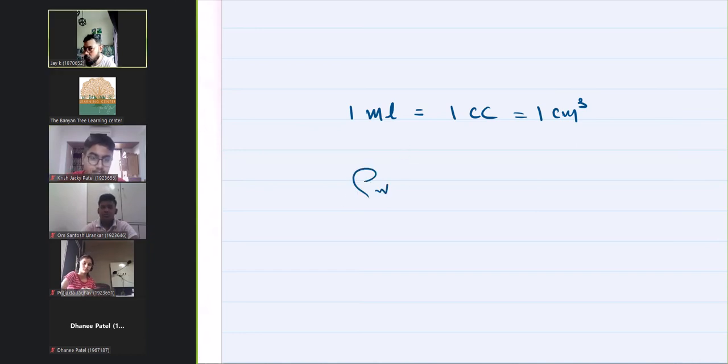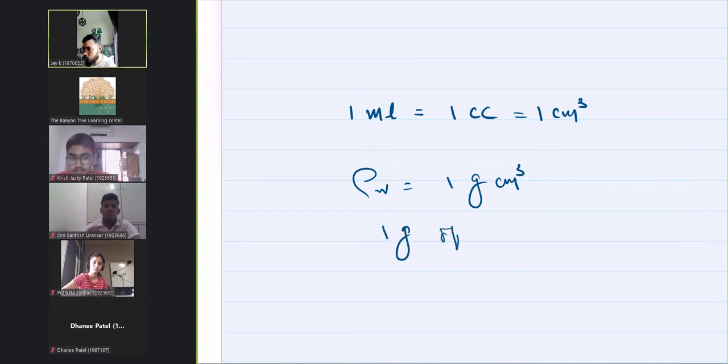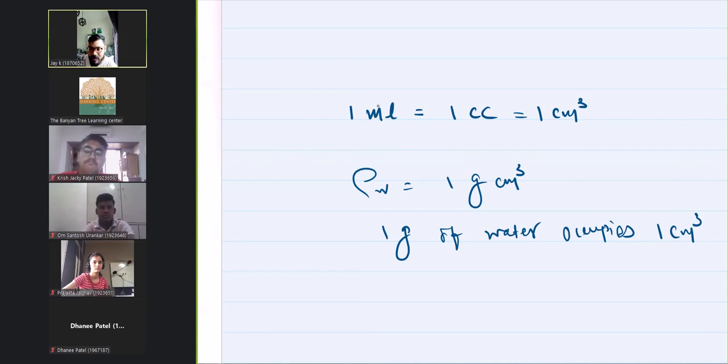Density of water is 1 gram per centimeter cube. That means 1 gram of water occupies 1 centimeter cube, but 1 centimeter cube is 1 ml. So 1 gram of water occupies 1 ml, and that's why 1 ml is 1 gram.